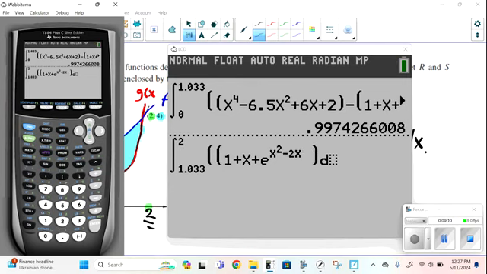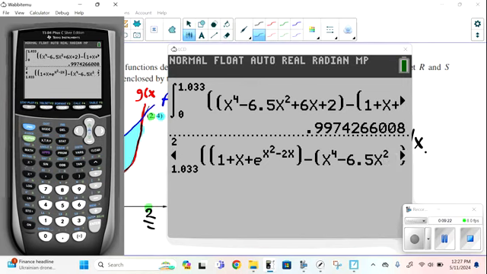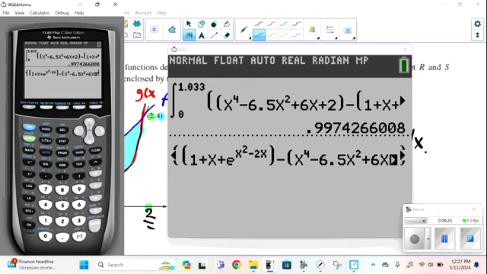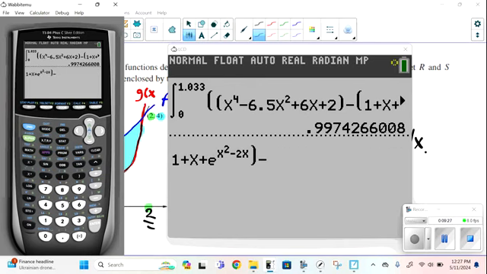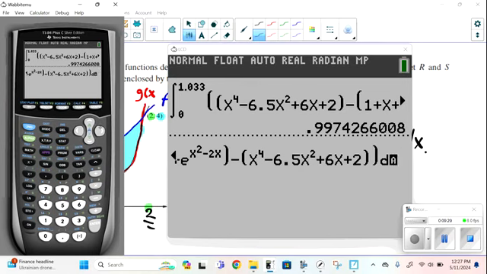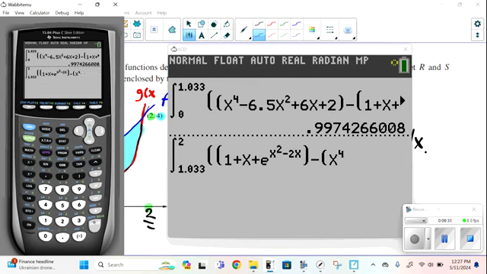That one wasn't too bad. Minus g of x. Here we go. x to the 4th minus 6.5x squared plus 6x plus 2. Dummy variable dx.